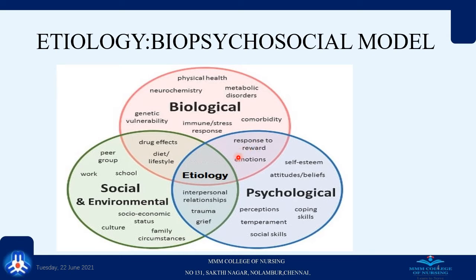Response to reward and emotions: when there is dopamine imbalance, it leads to lower level of activity in the reward circuit of the brain. And psychological causes. Self-esteem, when the self-esteem is low due to unhappy childhood, chronic low self-esteem, or due to poor academic performance.